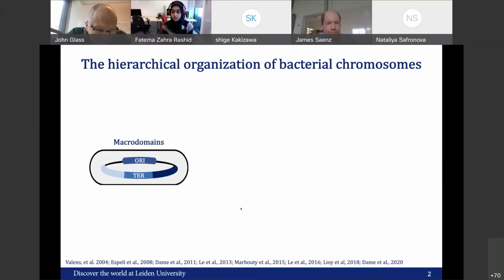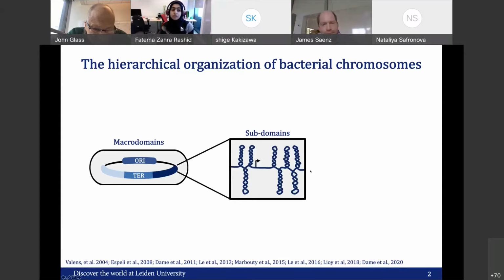These are regions of the chromosome in which the chromatin interacts more frequently with itself than with chromatin that is present outside this region. When we zoom into these macrodomains, we see the hierarchical organization where these larger macrodomains are formed by the interaction of smaller subdomains.